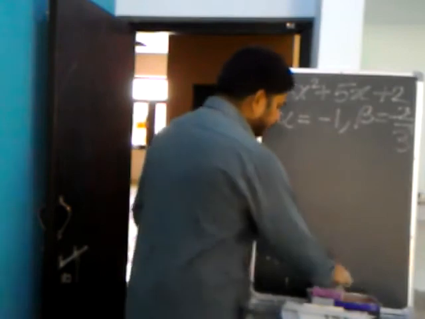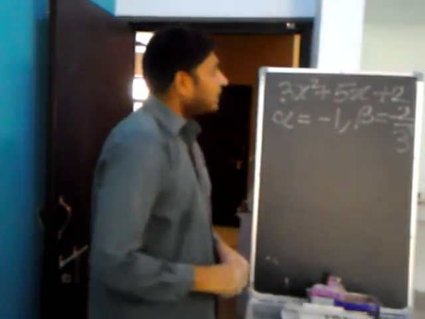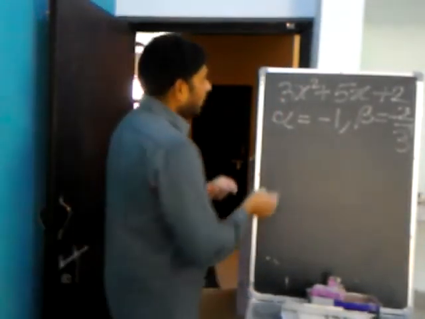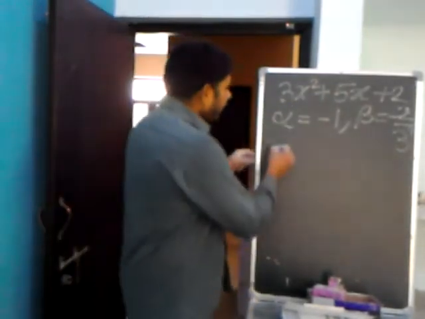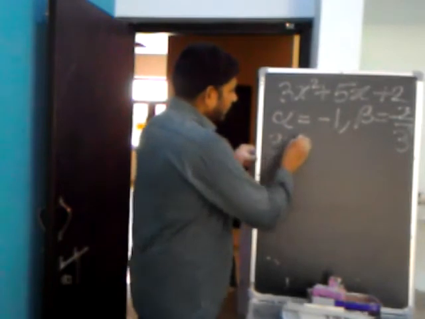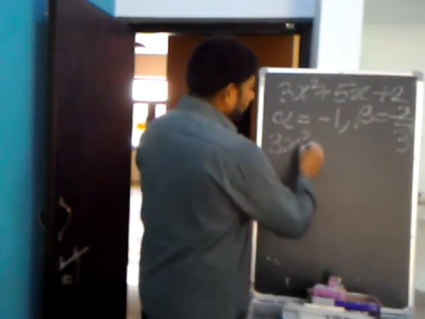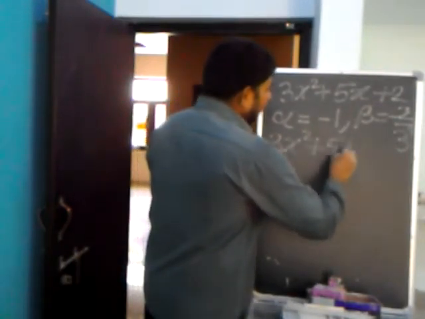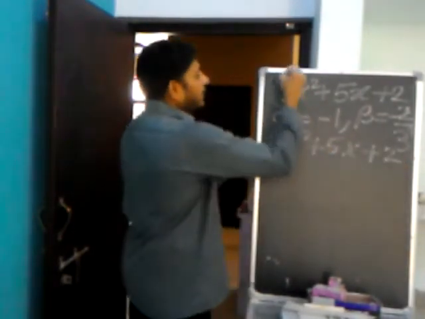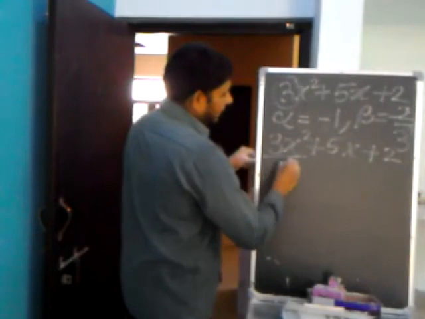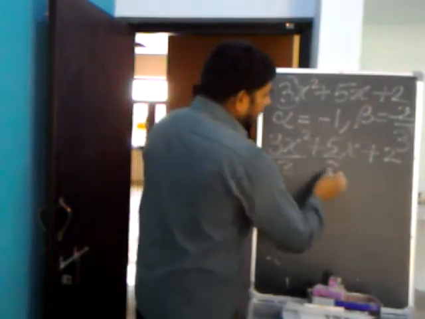Now, what I know is b upon a. To calculate b upon a, I will divide 3x square, 5x, and 2 by the coefficient of the first term, that is 3. So 3, 3, and 3.